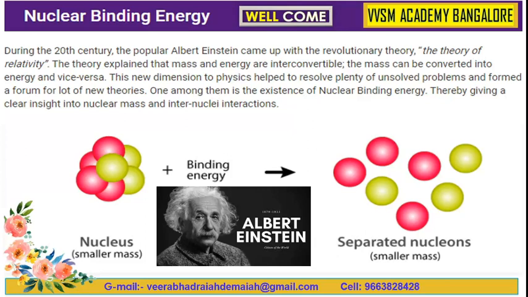Einstein's mass-energy relativity is a wonderful phenomenon in nuclear and modern physics. The theory explained that mass and energy are interconvertible. A wonderful thing: mass can be converted into energy, and energy can be converted into mass, and vice versa.